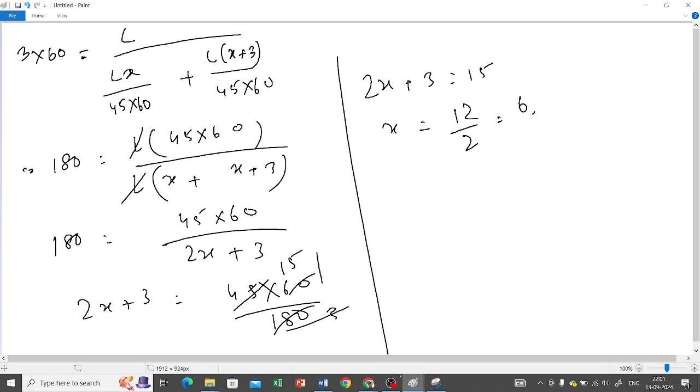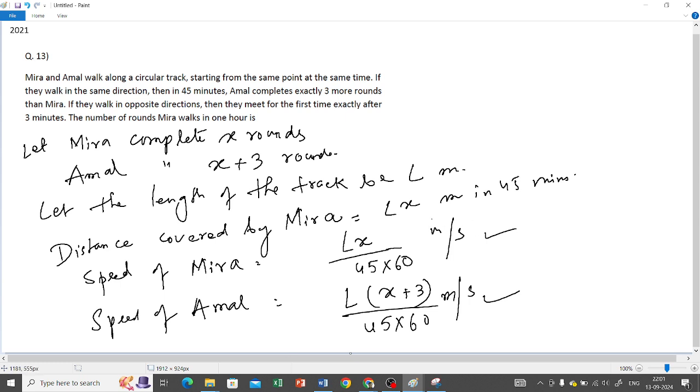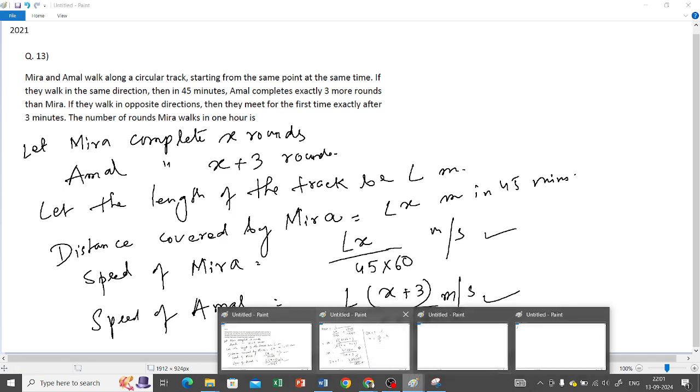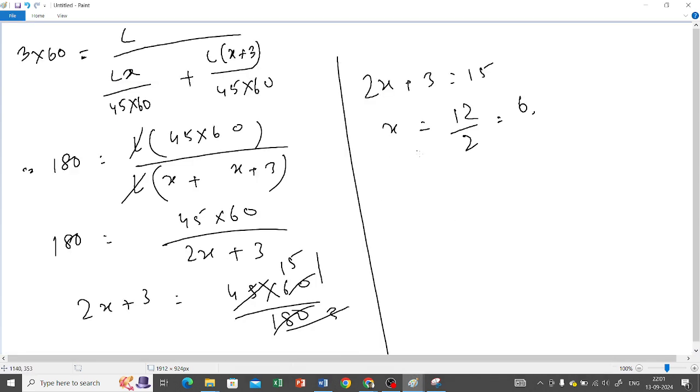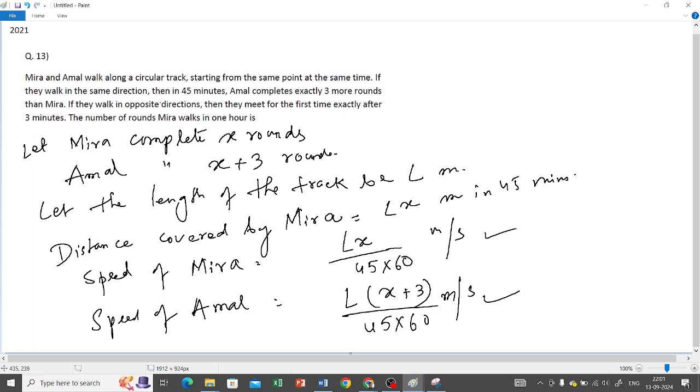Six. The number of rounds that Mira walks in 1 hour. Okay, so x equals 6, and what is this 6?